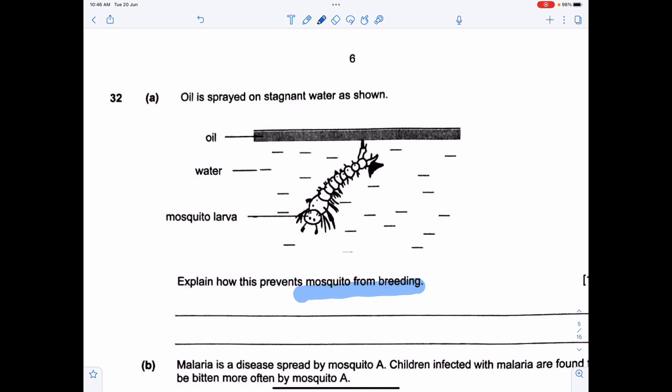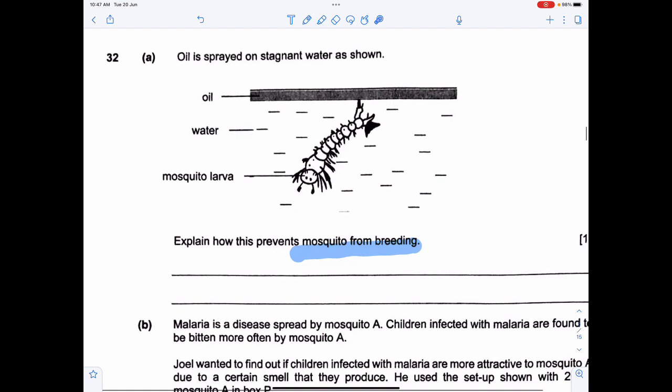So the key idea here is if you just put mosquito, wrong. Because mosquito is the adult form. Mosquito larva is the correct one. So remember I once told you that you need to be very careful and follow exactly what is being stated in the diagram. So you need to be careful like that.